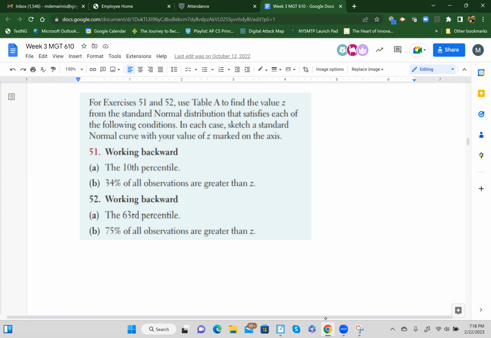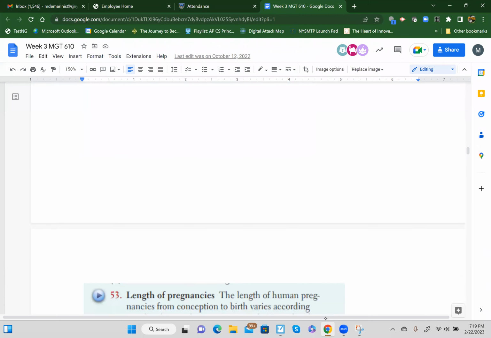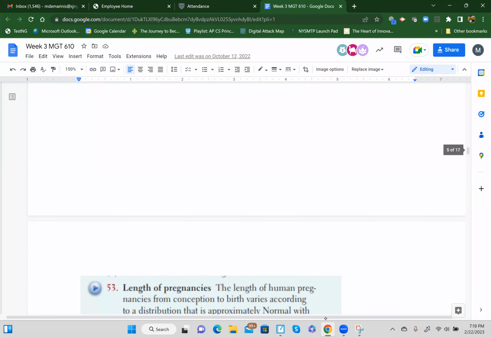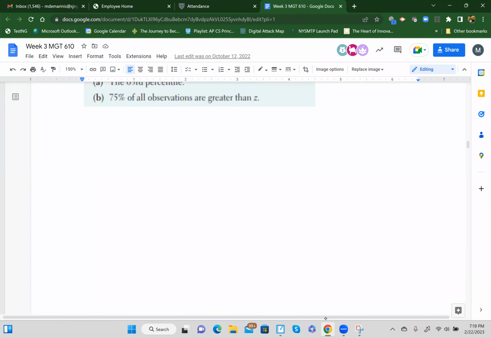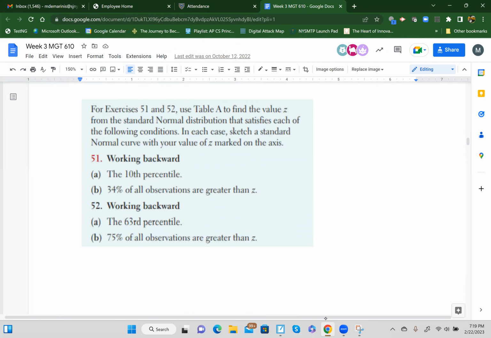If you look at problem 51A, it says find the 10th percentile, or 52B, find the 63rd percentile, things like that. When you're working backwards, the key thing to realize is that they're giving us areas in these questions, and they're asking us for z-scores.